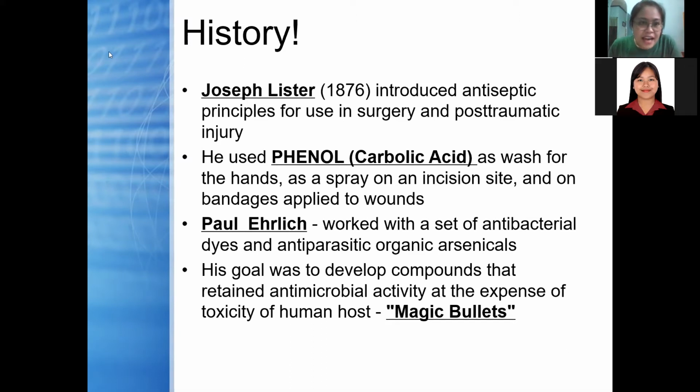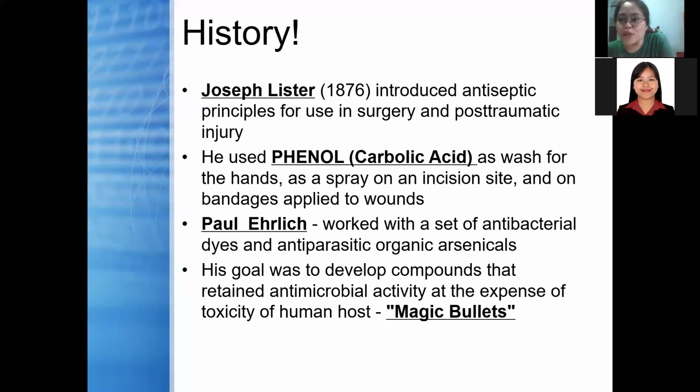Okay? And then we have Paul Ehrlich, who was actually working with antibacterial dyes and antiparasitic na mga arsenicals. So actually, Paul Ehrlich was looking for the magic bullet. Imagine na iyang ginapangita why he was doing an experiment with a lot of chemicals. Okay, gusto niya makadevelop og compound that will retain the antimicrobial activity but walay toxicity sa human host.